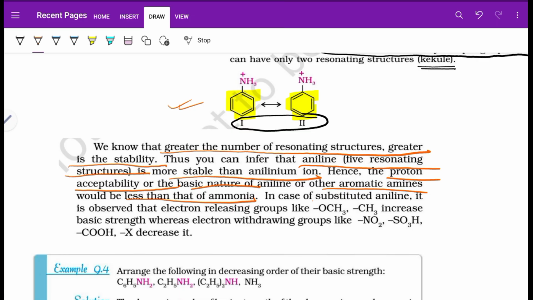In case of substituted aniline, where we have electron releasing groups, meaning electron donating groups, what happens?